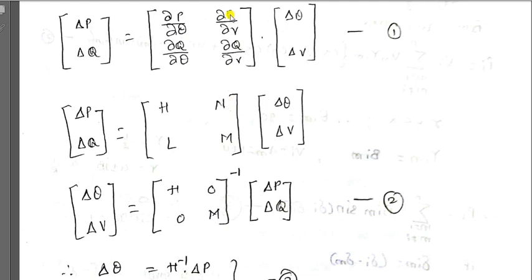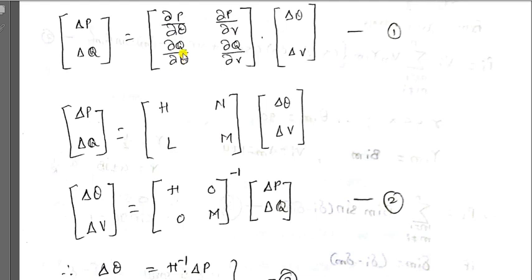N is the partial differentiation of real power with respect to voltage, and earlier we discussed that real power P is not much dependent upon the voltage magnitude, or it is decoupled with respect to voltage. L is the partial differentiation of Q with respect to angle theta.